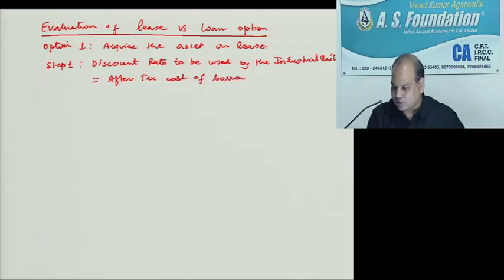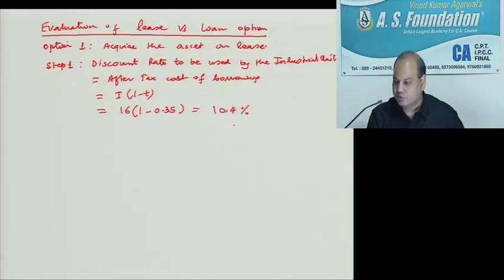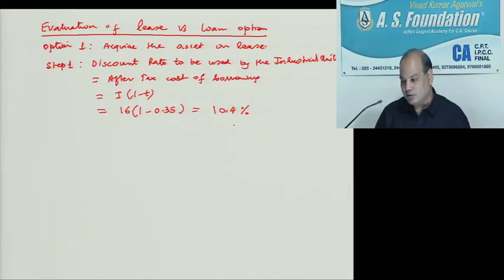Probably that is the reason they have given you the 10.4% column also, which is I into (1 minus T), which is equal to 16 into (1 minus 0.35). That comes to 10.4%. Sometimes you can get some hint from the question. Now for both lease and loan, we'll use a 10.4% discount rate.